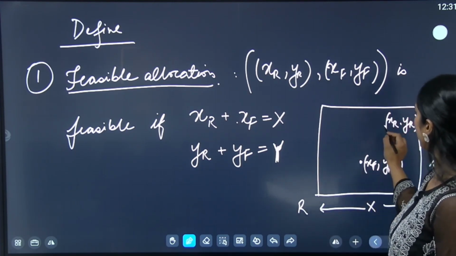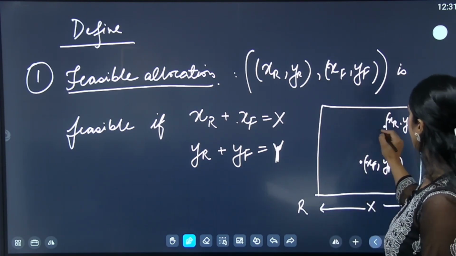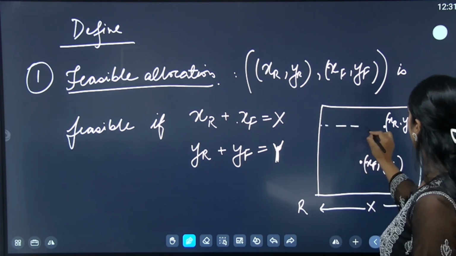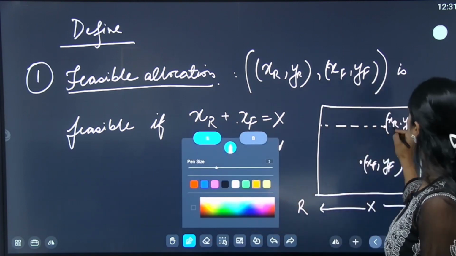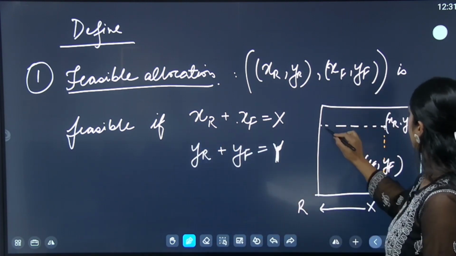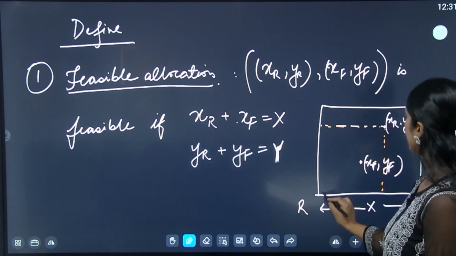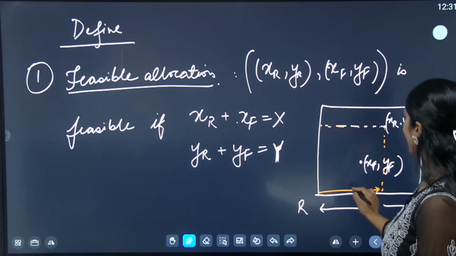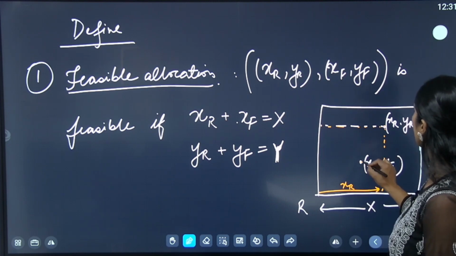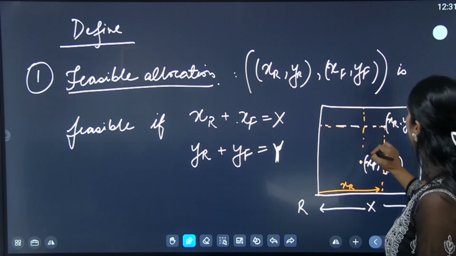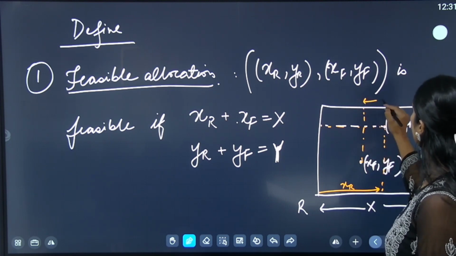The problem with this is that this is the total amount of X that Rahul has, XR, and this is the total amount of X that Fiza has, XF.